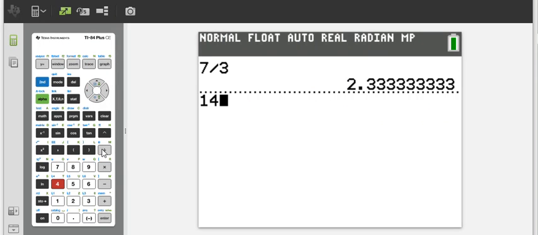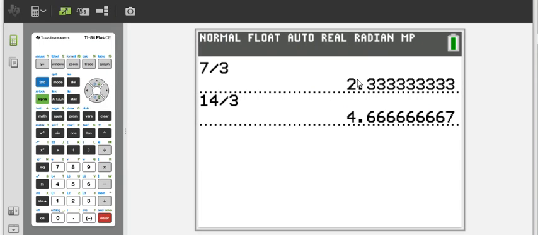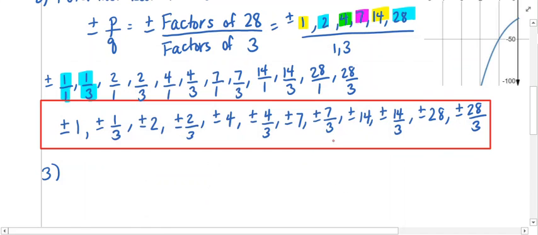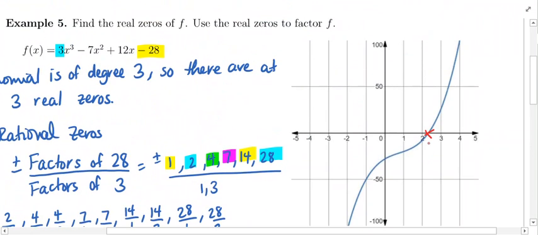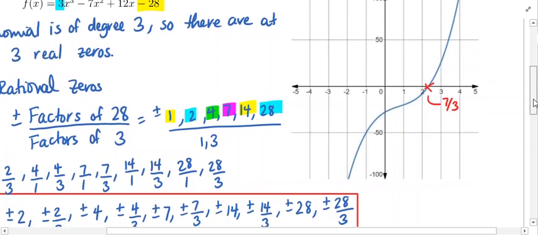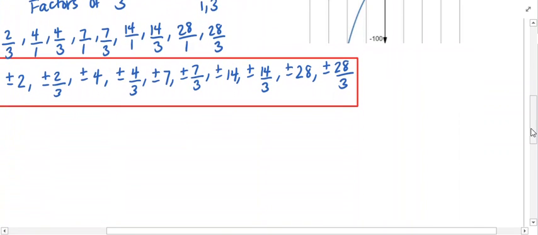And then I think the next fraction we had was 14/3. It's bigger than 4. So it looks like this could potentially be in this picture. This zero that I have marked with the X looks like it is going to be 7/3, but we've got to be sure. So that's what we're going to use as our starting point in our synthetic division.